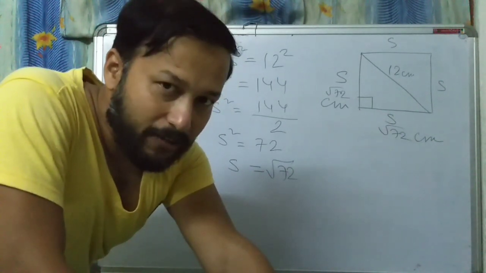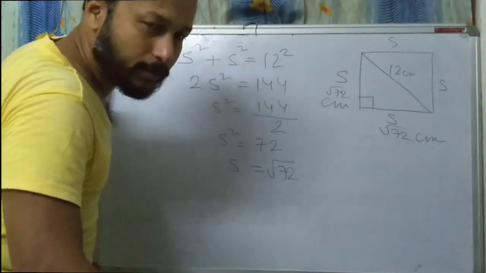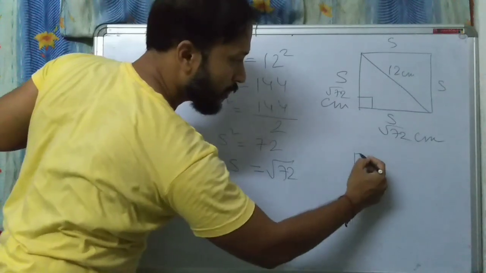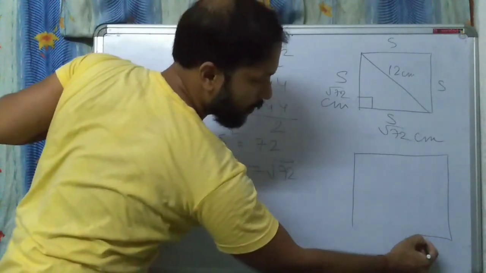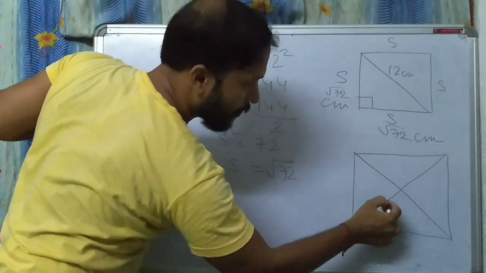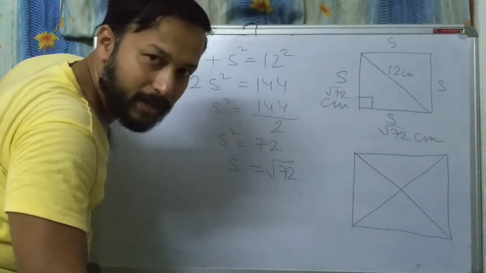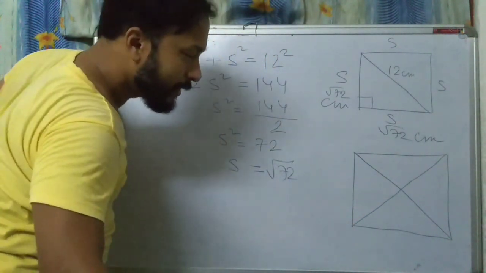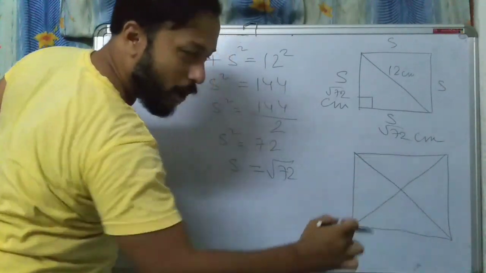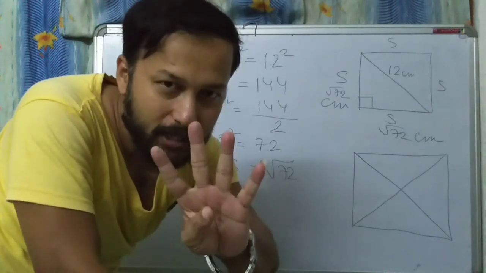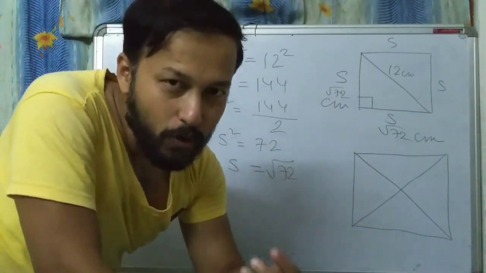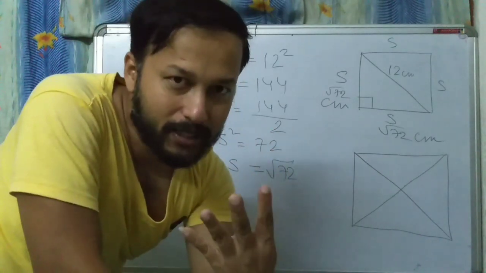Let us draw this figure first. Just see the drawing. Okay. Now see, this square is now divided into 4 equal parts.